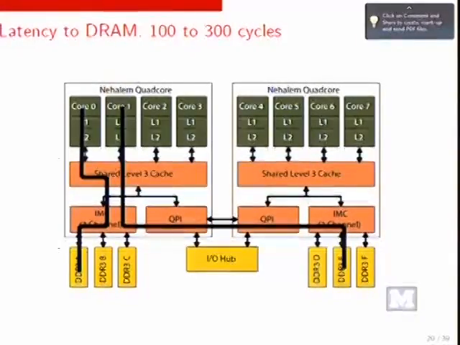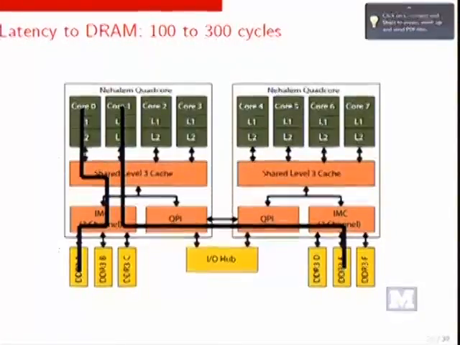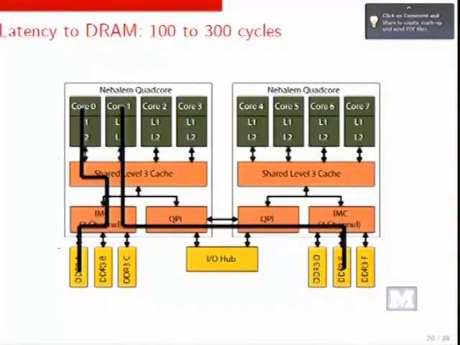On the other hand, if the processor wants to go and get something from the memory, or if it wants to write something to the memory, then the number of cycles it takes is a lot more. It takes 100 to 300 cycles. There's such a big range because DRAM memory is very complicated. It depends upon exactly where the word is in the DRAM memory and so on. It depends upon the order of reads and writes and stuff like that.